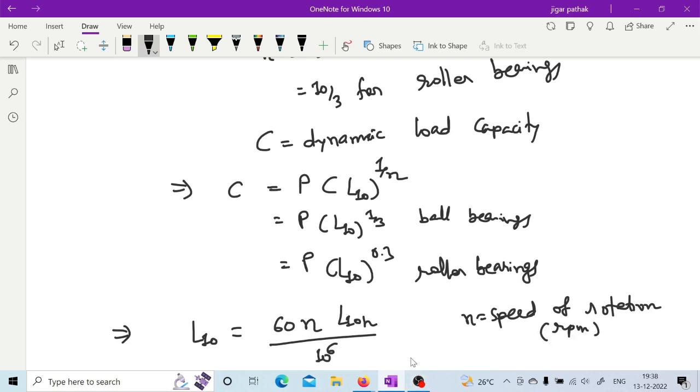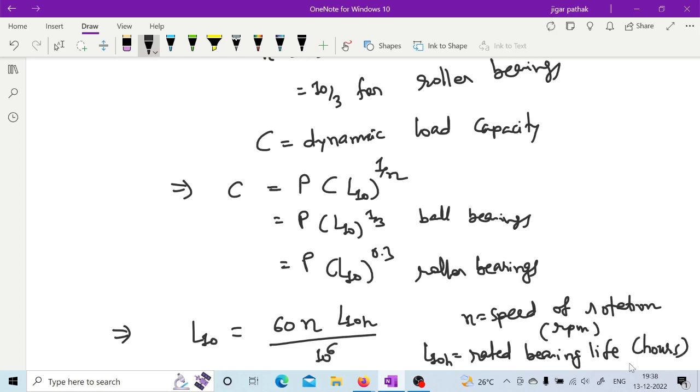And L10H is the rated bearing life in hours.